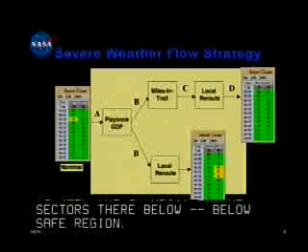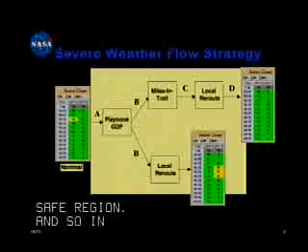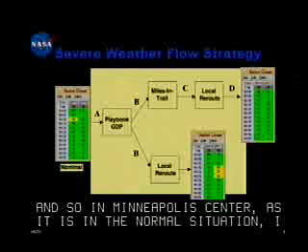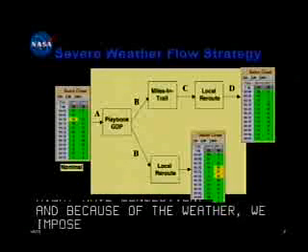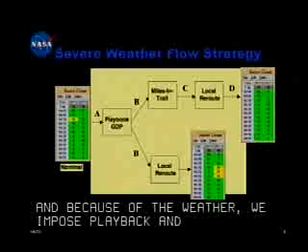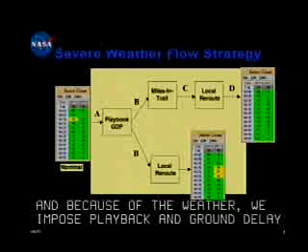In Minneapolis center, in the normal situation, I might have congestion. Because of the weather, we impose the playbook and ground delay programs, and this causes even more congestion, which may be one option.